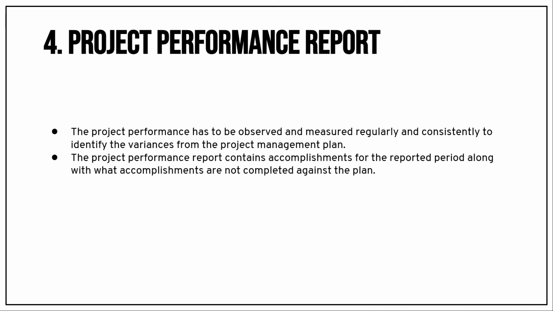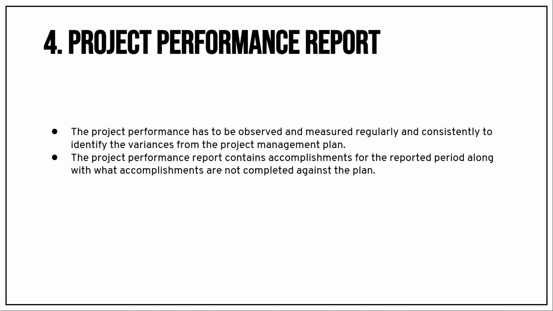So the project performance report contains accomplishments for the reported period along with what accomplishments are not completed against the plan. So the first one is compare with plan what we accomplished, what we have not accomplished.